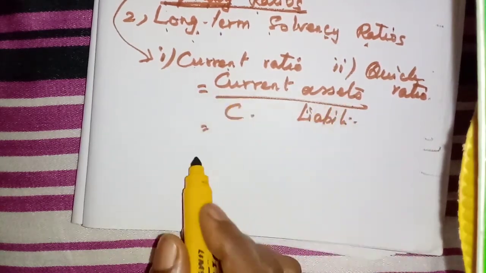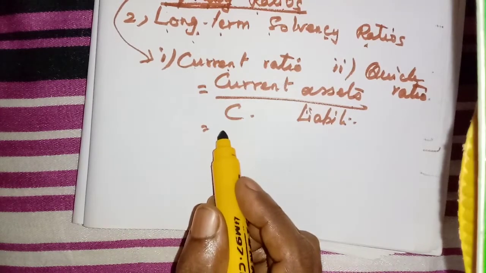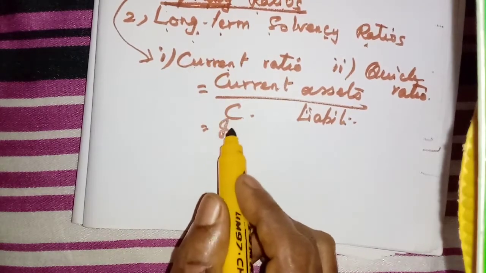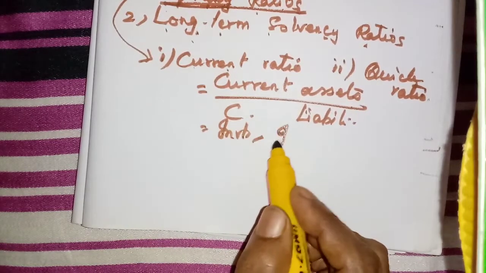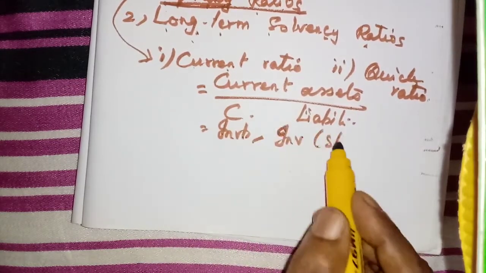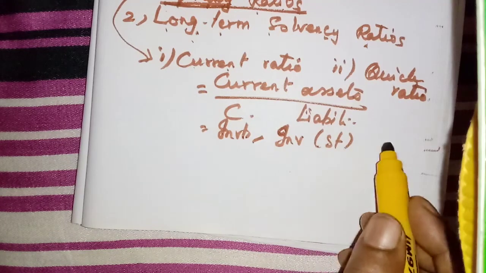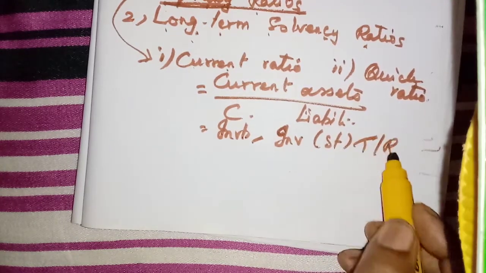So what are the current assets? We know the current assets, isn't it? Maybe the investments, then stock, closing stock, that is called inventories. Inventories are stock. Then trade receivables.